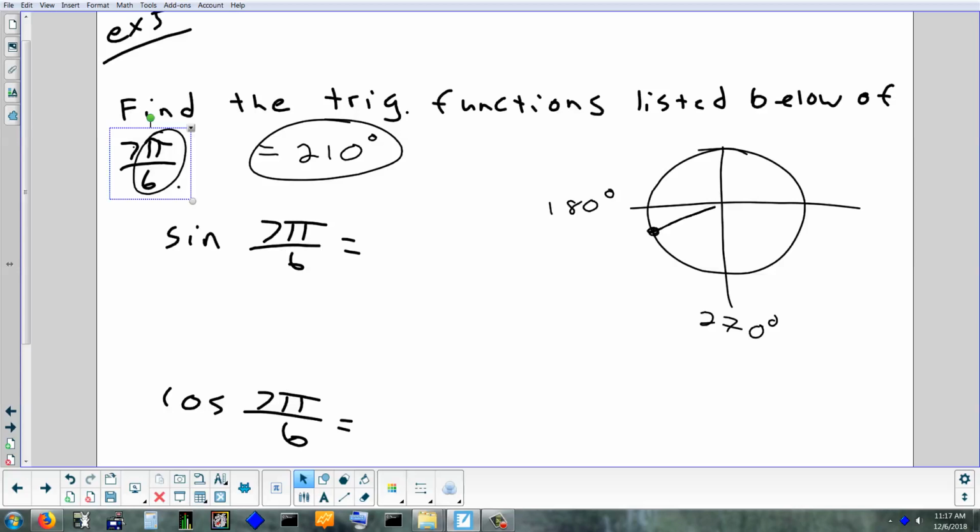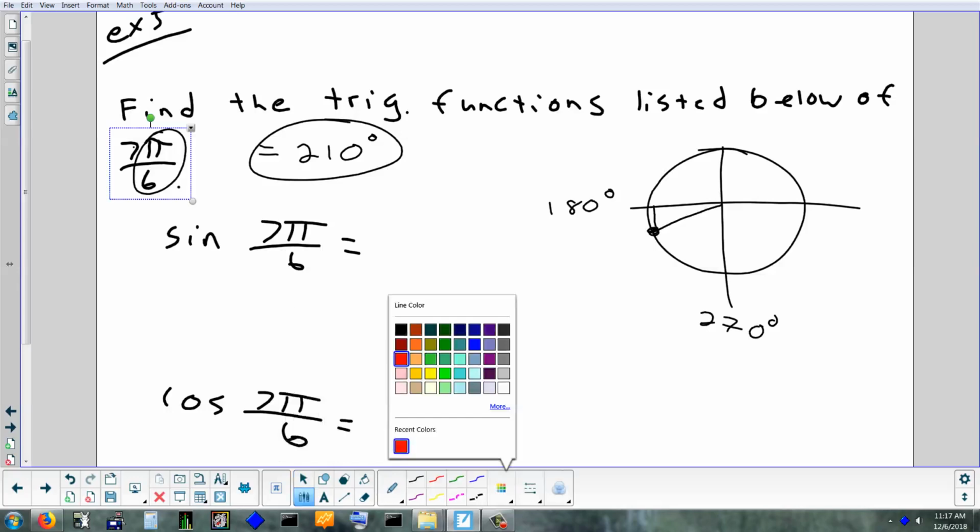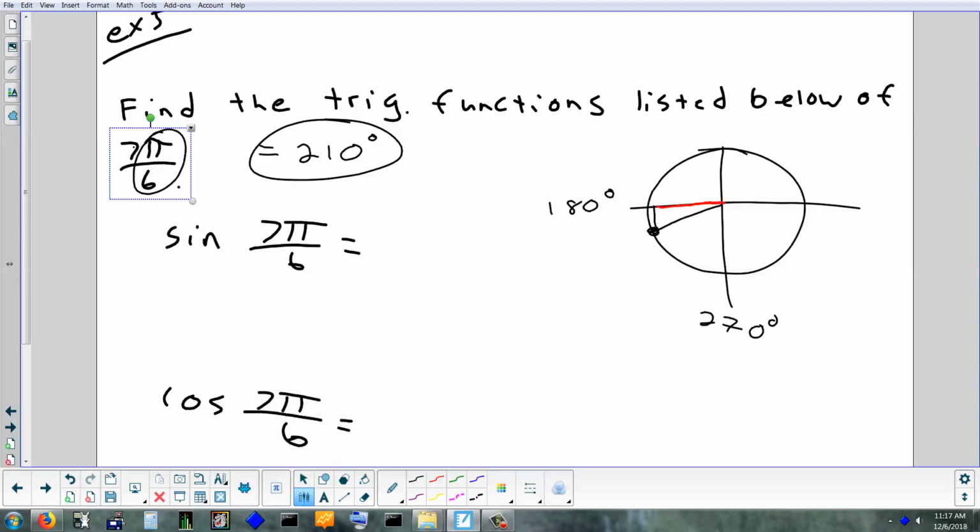So make your triangle. And if you draw it somewhat accurately, you should be able to tell which side is the long side and which one is the short one. There's your long side. There's your short side. Long side, how big is that in the 30, 60, 90? That's your square root of 3 over 2.